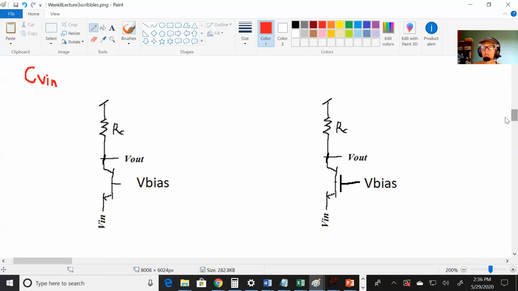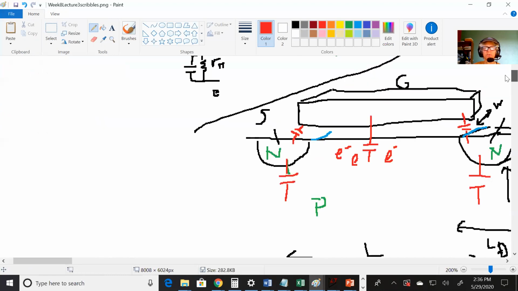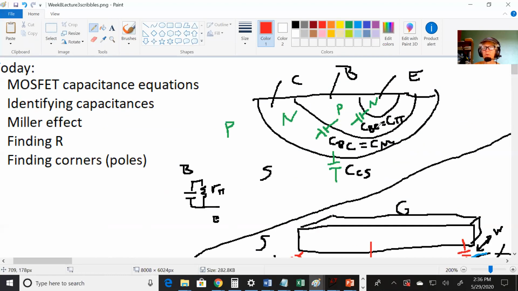the way you do that is, since this is a BJT, you'd go back up here and you'd say, Vin is on the emitter. So you'd come to this picture and you'd put yourself on the emitter. Then what capacitance is directly connected to the emitter?